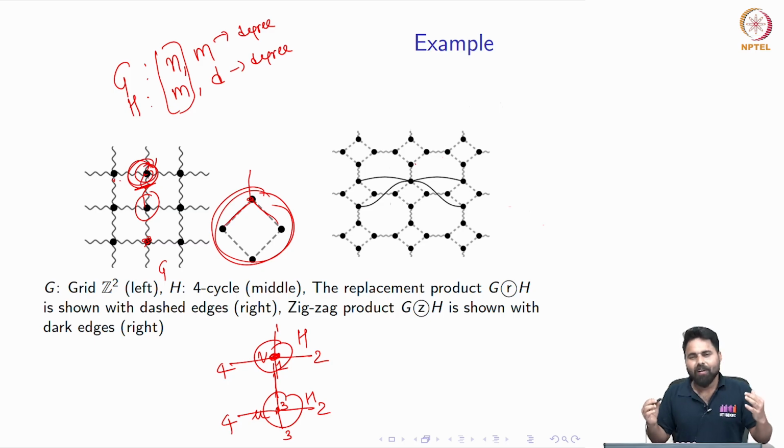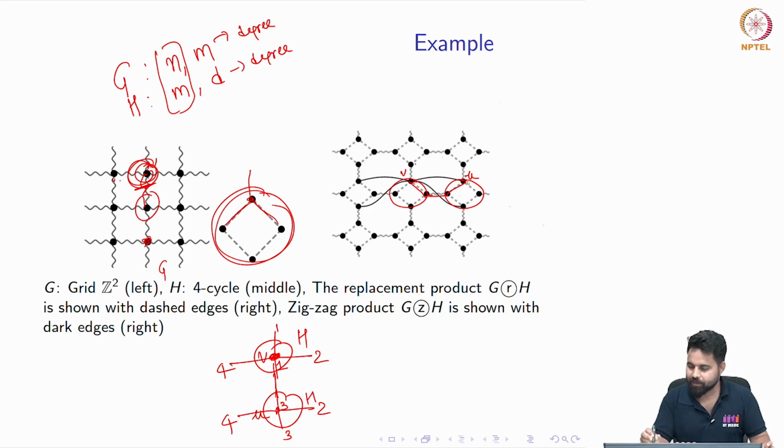What is the rule to put these dark edges? If you see there is a dark edge, let me call this vertex V. We have put this dark edge due to the following rule. From V you can go one edge inside this cloud, then an edge between the clouds, then this is another cloud, and then one more edge inside it, and we reach here.